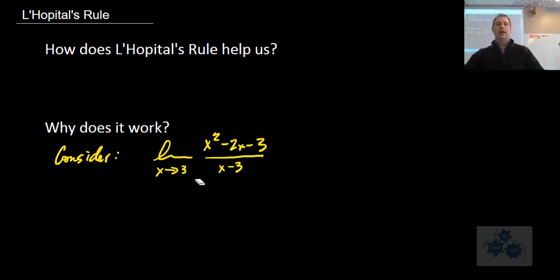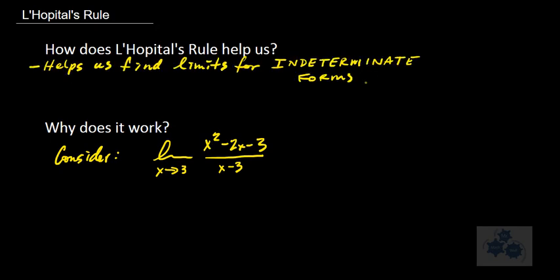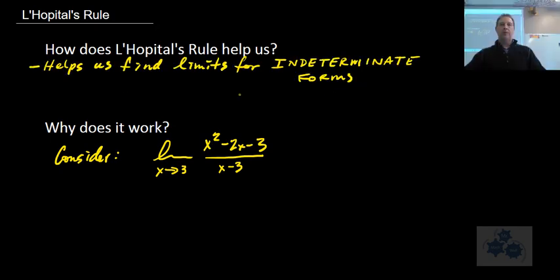Right? All right. So L'Hopital's rule helps us to determine limits using derivatives when we have something called an indeterminate form. So let's just jot down those notes real quick. It helps us find limits for indeterminate forms, which are forms where you have 0 divided by 0, as we see down here.